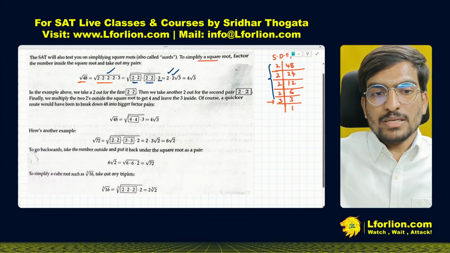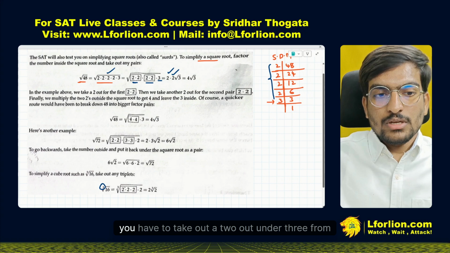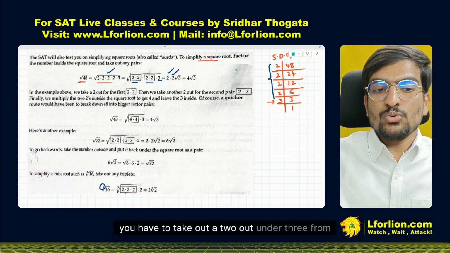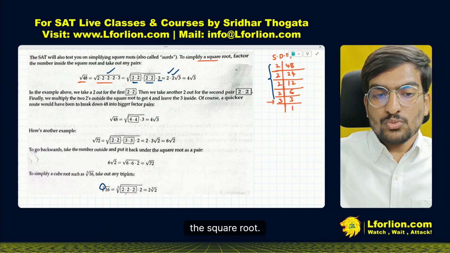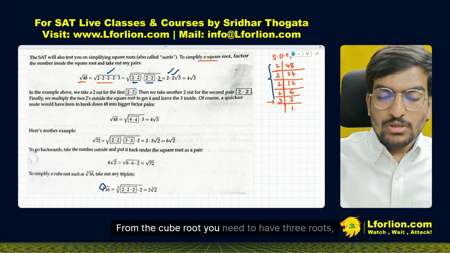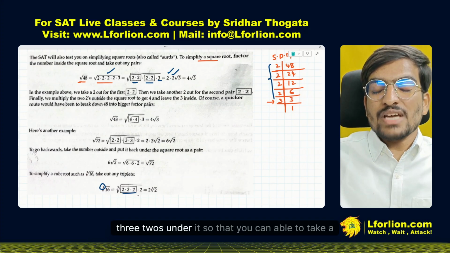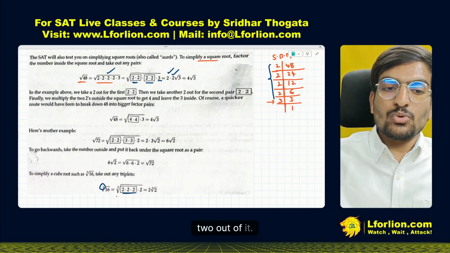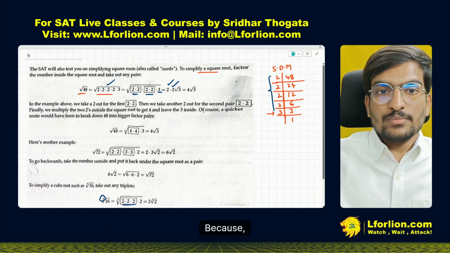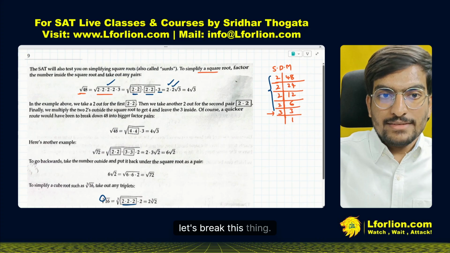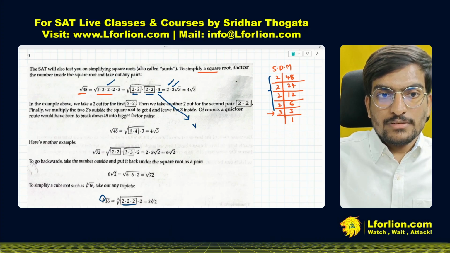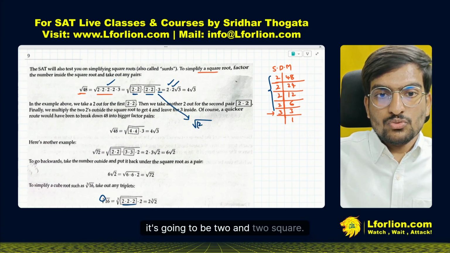If it is a cube root, you need three 2s under it so that you are able to take a 2 out of it. Why like that? Let me tell you, let's break this thing. If we break this, it's going to be 2 and 2 square.